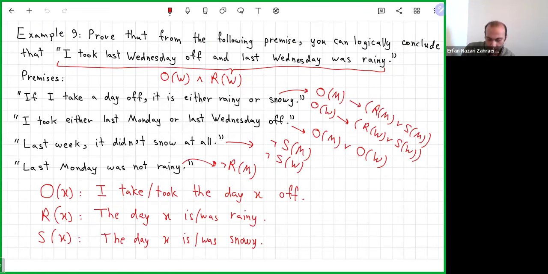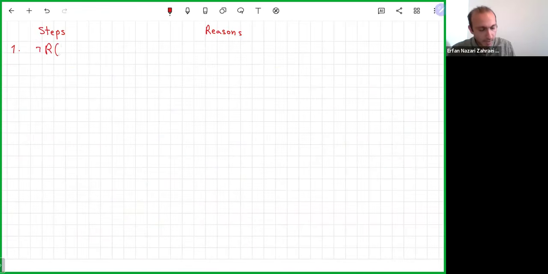Okay, let me see. What can I use? First, the most information that I have is about Monday. I know that it was not snowy or rainy. So let me actually use that. Let me use these two and combine them to join them like this expression here. So I use this premise and this premise. Not R_M. That's a premise. The reason is it's one of my premises.